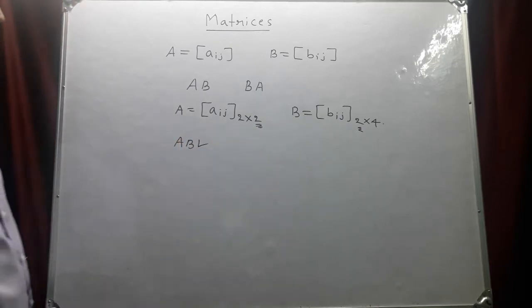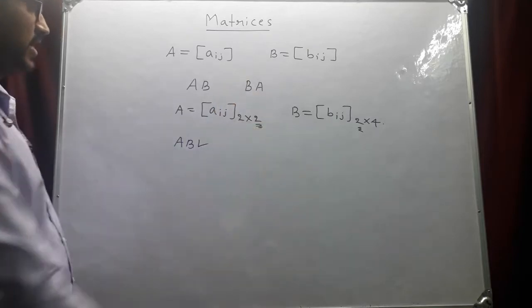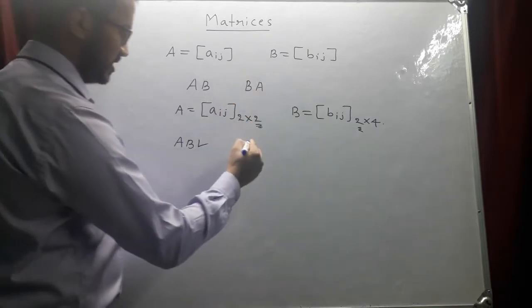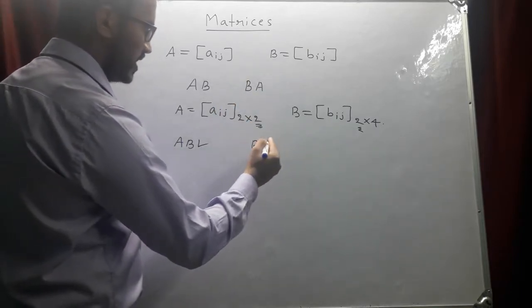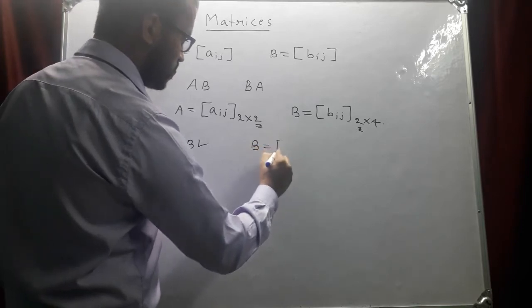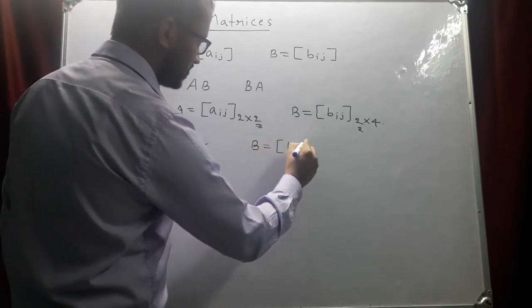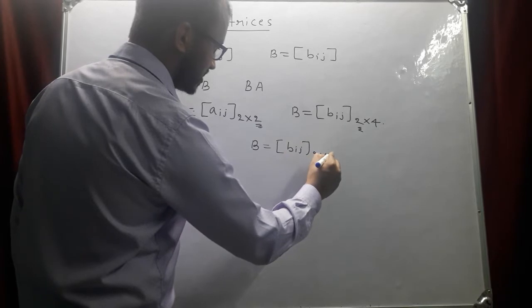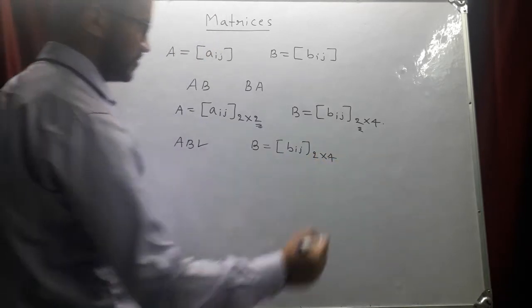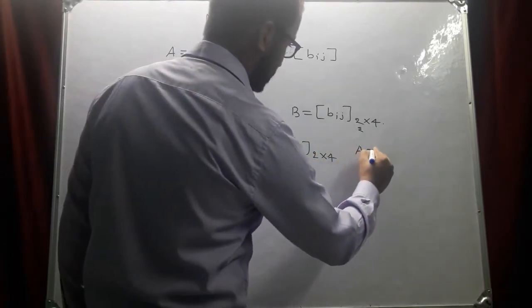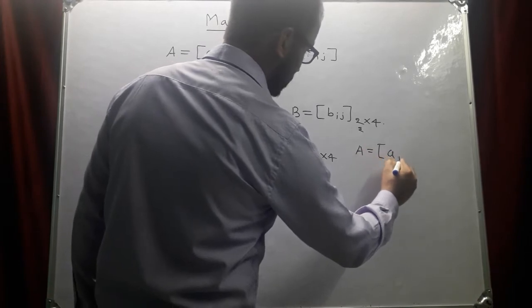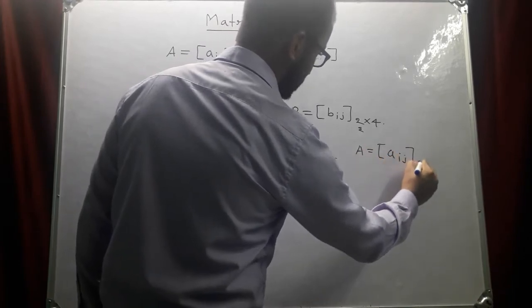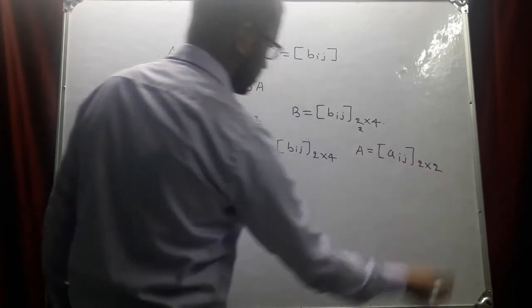But can we find the product BA? See here, BA means B, as you have seen, is of the order 2 by 4 and A is of the order 2 by 2.